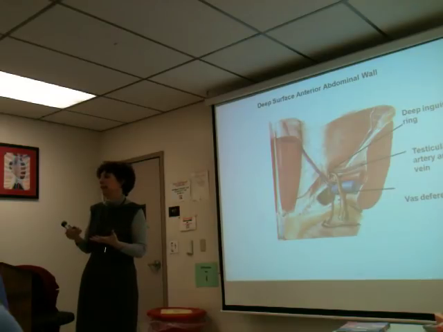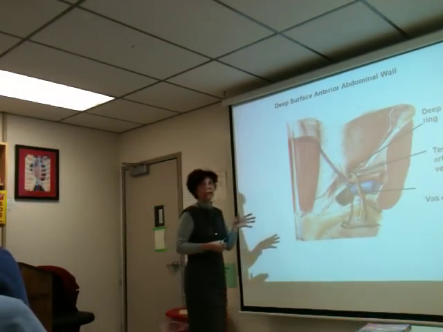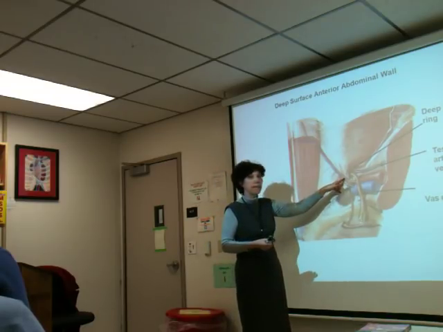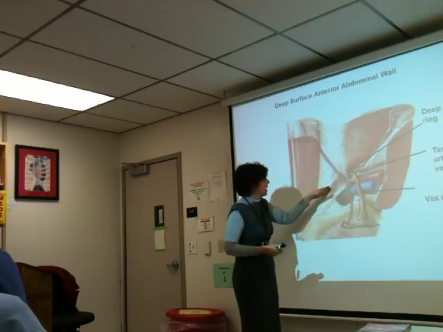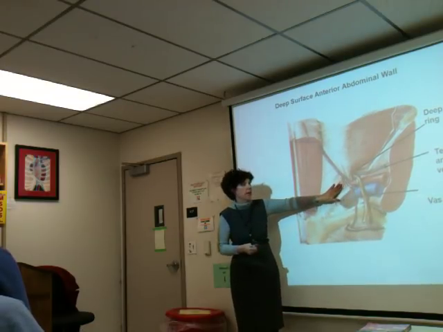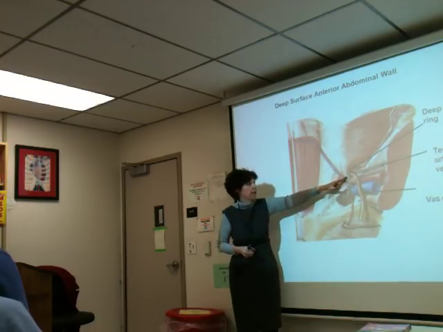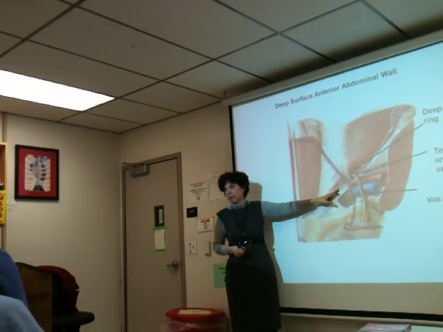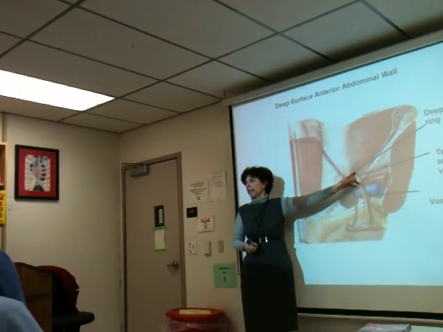Either type of hernia can end up in the inguinal canal. The direct inguinal hernia goes straight. It would be medial to the inferior epigastric. It goes straight through these weakened layers of oblique muscles and fascia and ends up in the canal. The indirect goes through the deep inguinal ring.